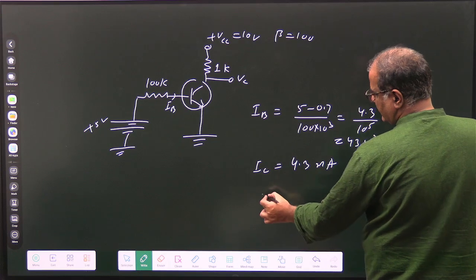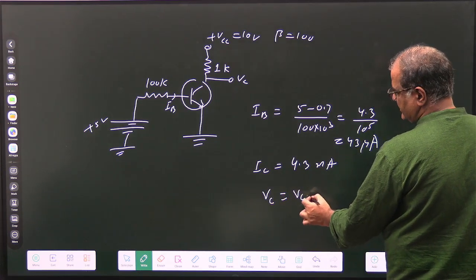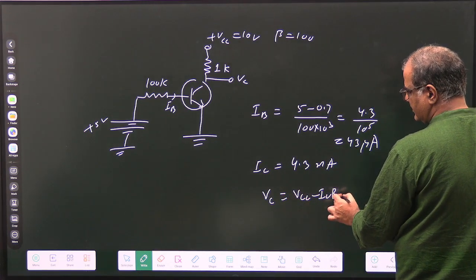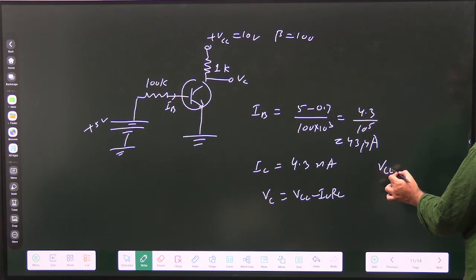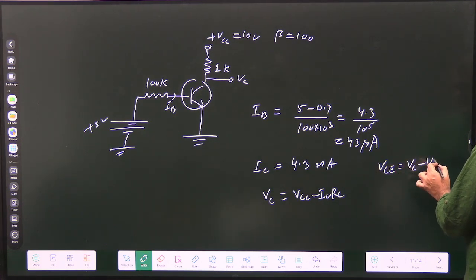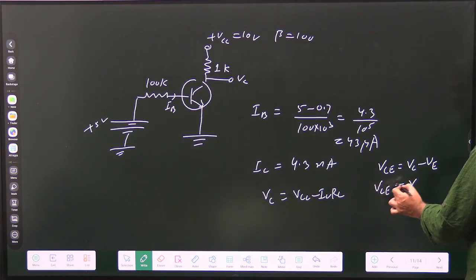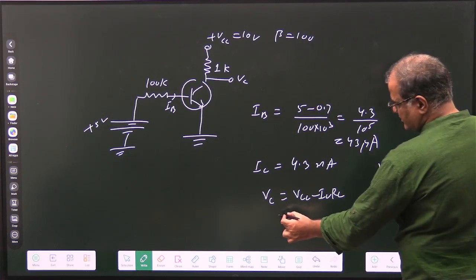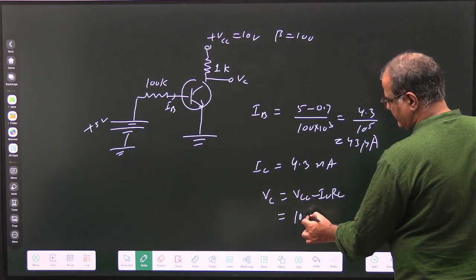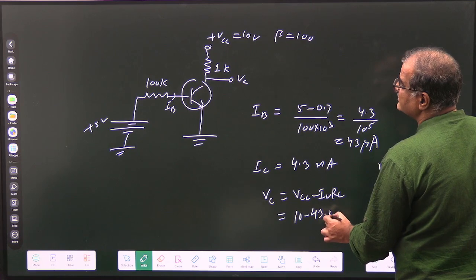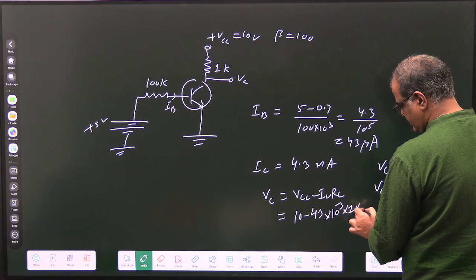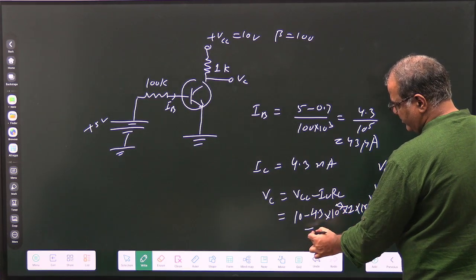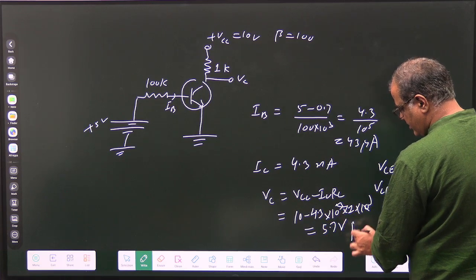So VC कितना हो जाएगा? VC will be your VCC minus ICRC, because VE is 0. So this is 10 minus 4.3, RC is 1. This will come 5.7 volt.